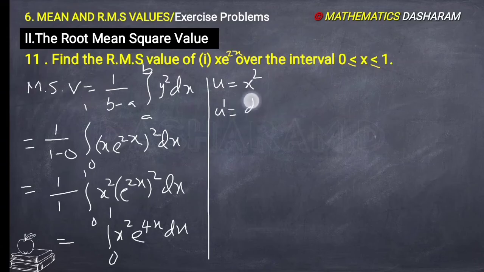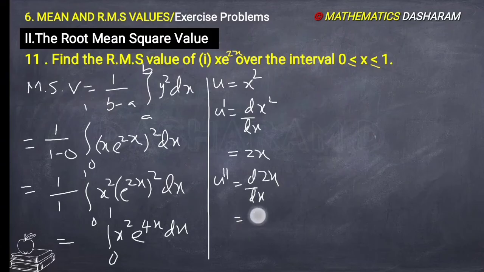u dash means d by dx of x square, that is 2x. U double dash, that is d by dx of 2x, that is 2. Now the next derivative will become 0, so that is why u double dash is enough.